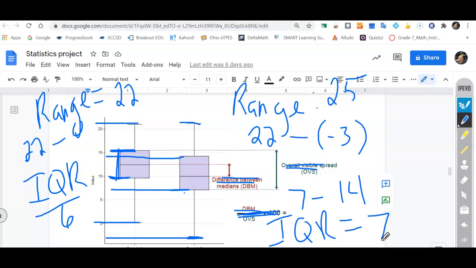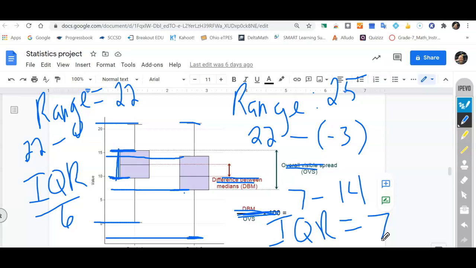you would tell me which one has a lower variability or more consistent. Which one? Which one has a lower variability or more consistent? You only got 2 options here.